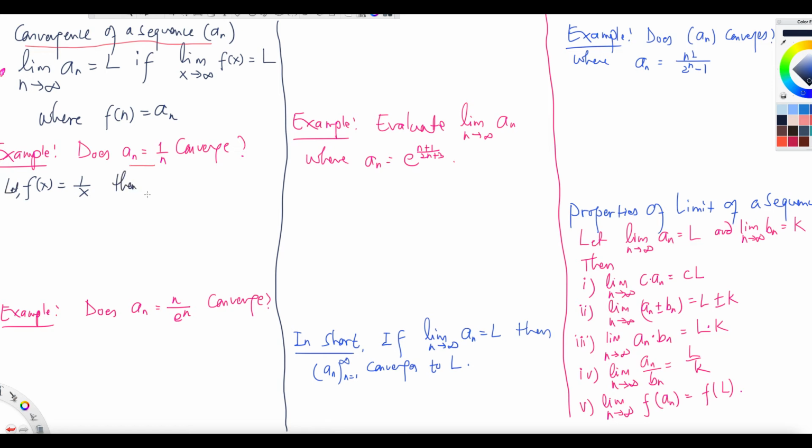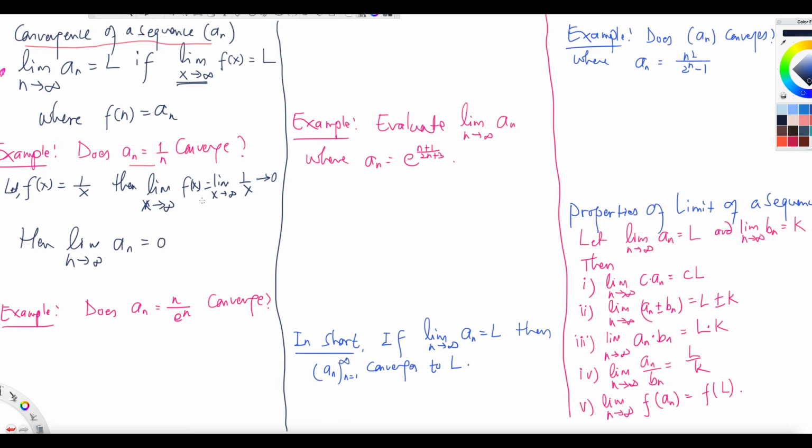Then what is the limit of f(x) as x tends to infinity? Limit as x tends to infinity of 1 over x. Where does this 1 over x go? It goes to 0 when x tends to infinity. So since the limit of f(x) is 0, hence the limit as n tends to infinity of a_n is also 0. That's what we find out.